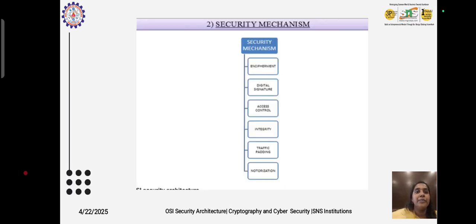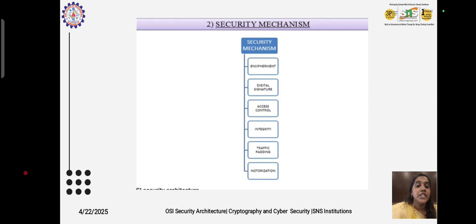Security mechanism mainly consists of the following: encipherment, digital signature, access control, integrity, traffic padding, and notarization. Encryption protects the data's confidentiality by encoding information. That is called encryption in the case of the security mechanism.